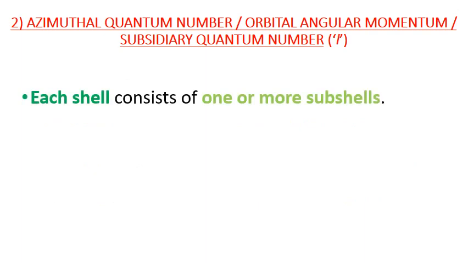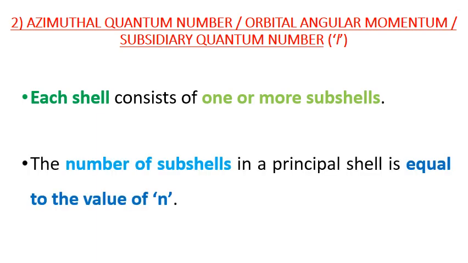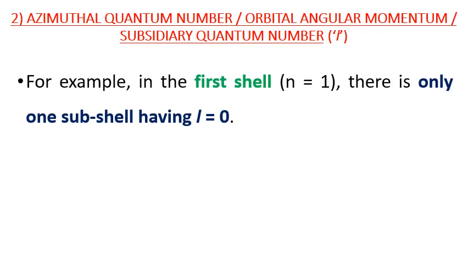Each shell consists of one or more subshells. The number of subshells in a principal shell is equal to the value of n. For example, in the first shell whose n value is 1, there is only one subshell having l equal to 0.